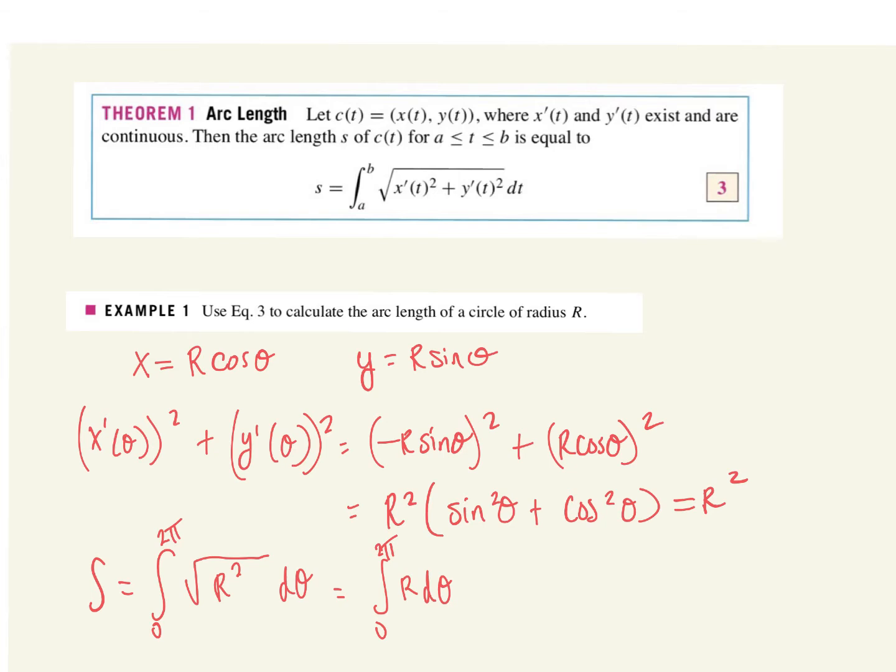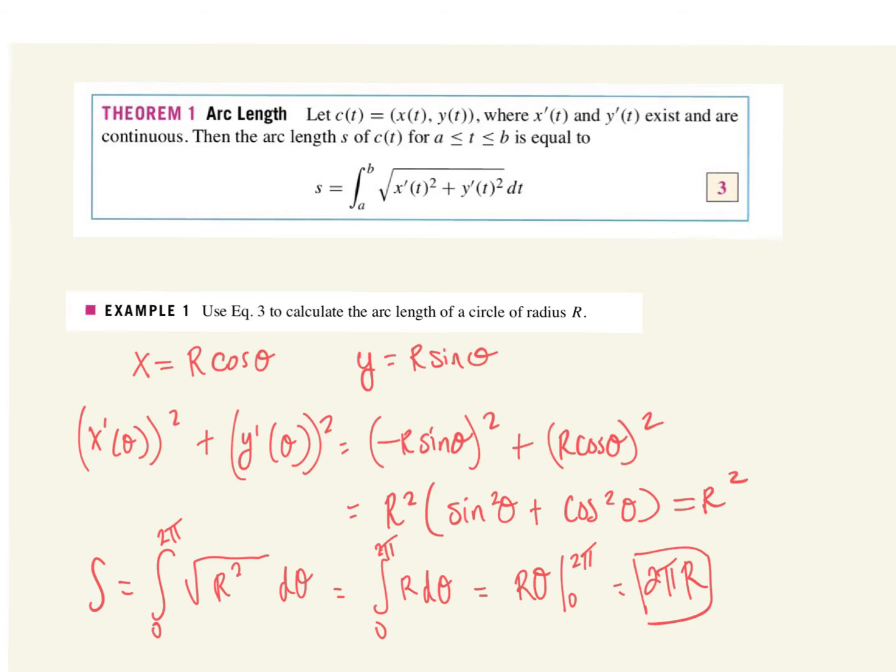Which would then antiderive to r theta. R is still just a constant, from 0 to 2 pi. Evaluate f of b minus f of a, and you get 2 pi r. So the second one goes to 0.